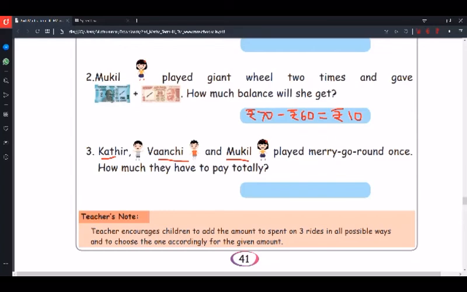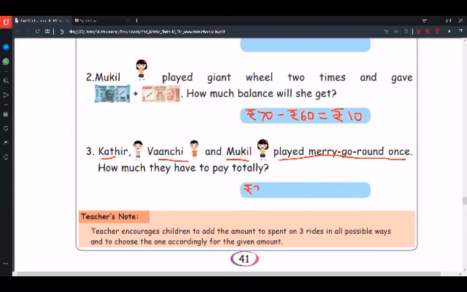So 3 of them rode for 1 time, played for once, isn't it? So, how much do they have to pay totally?